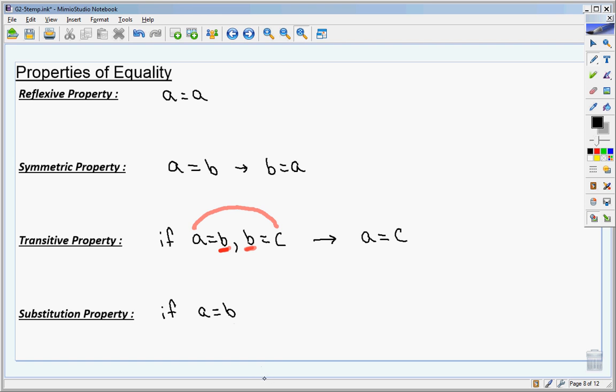The substitution property says if A equals B, then any A can be replaced by B. And you use this a lot when you're actually combining like terms.